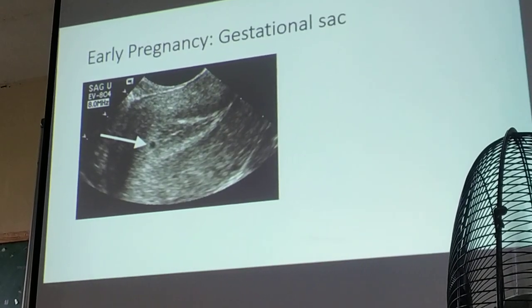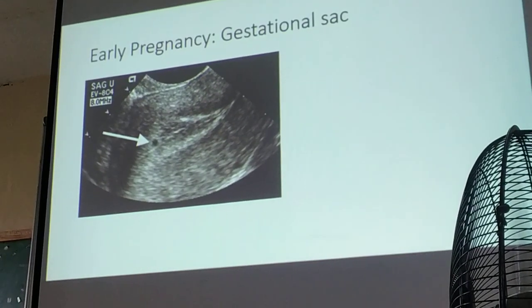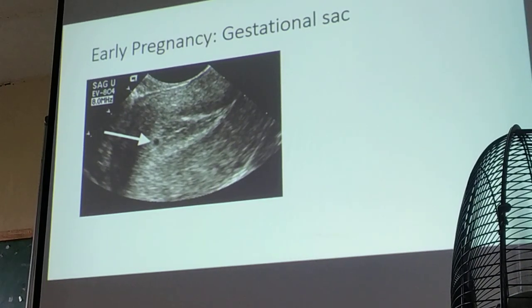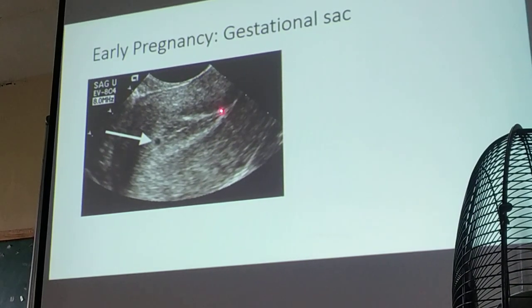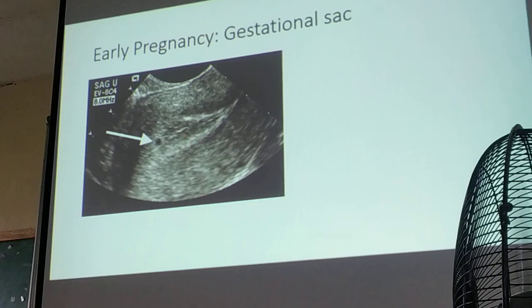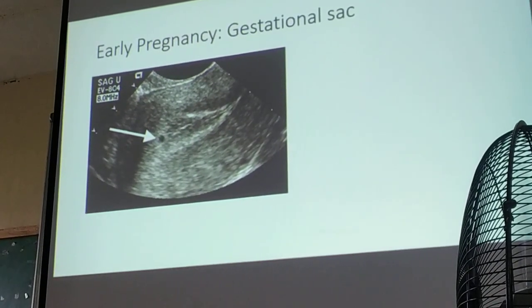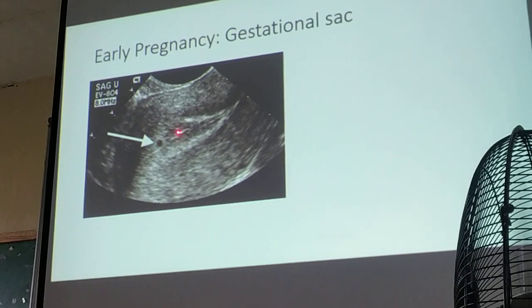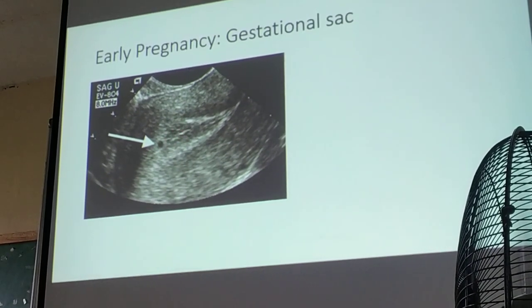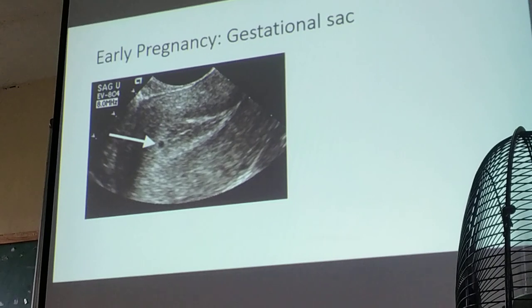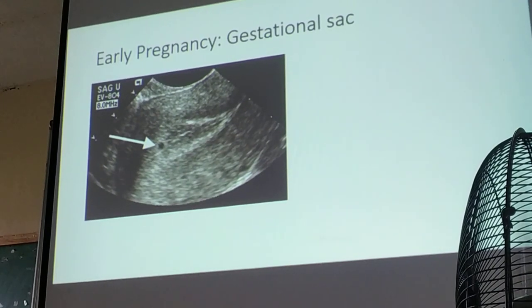This one is very important, the GS, the gestational sac. Try to imagine this is your endometrium. Okay, so that is your GS. So usually implantation occurs at the distal end of your endometrium, okay?